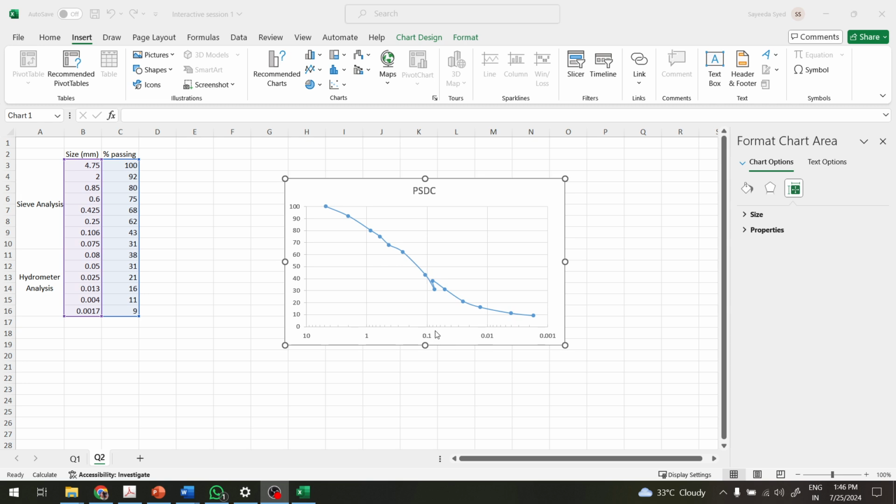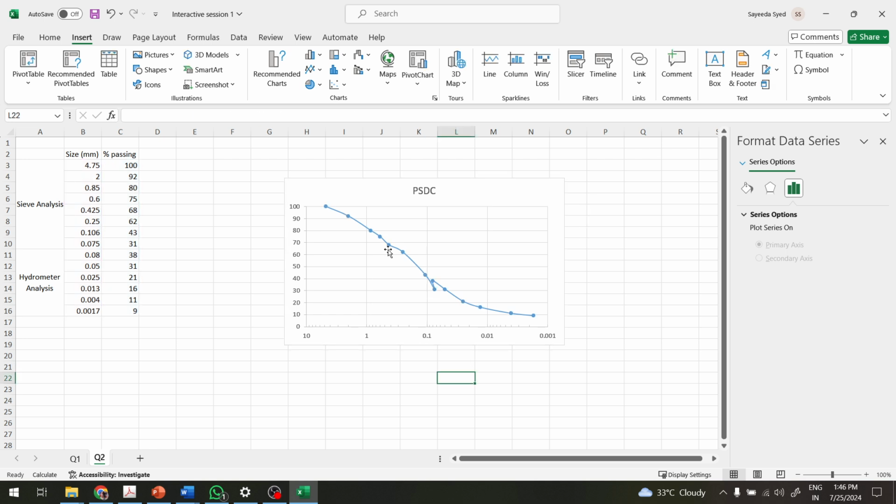So what we will do is consider this point as an outlier and draw around this point our particle size, and even this point.